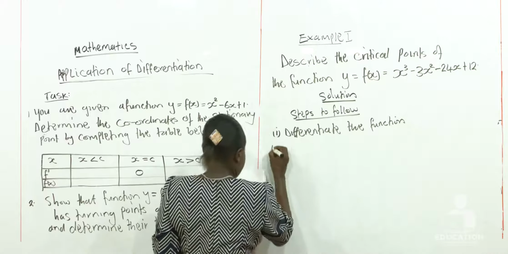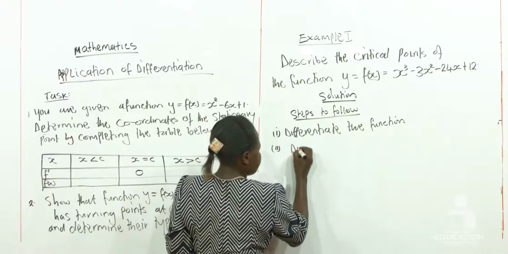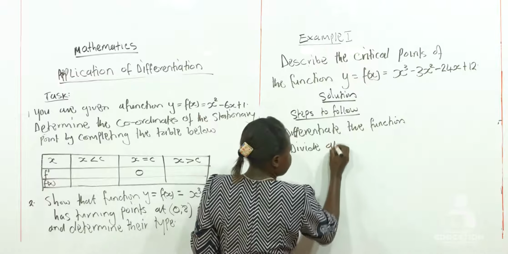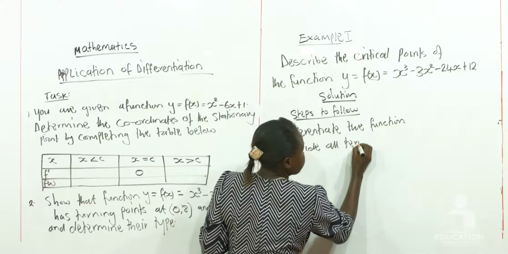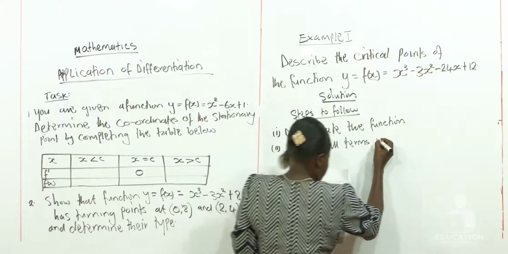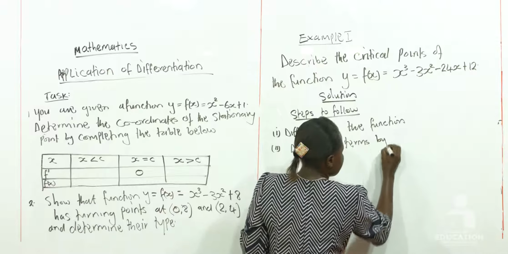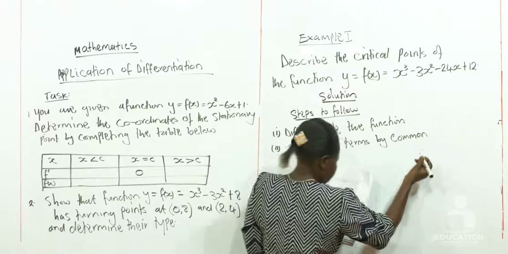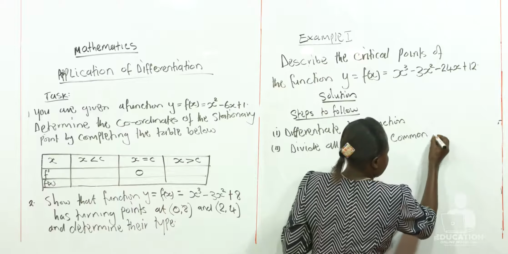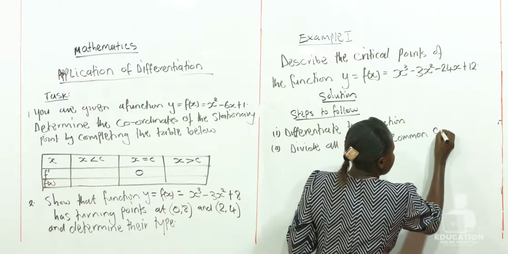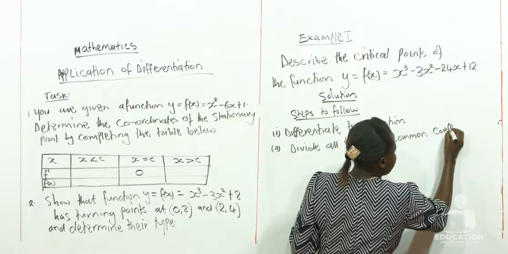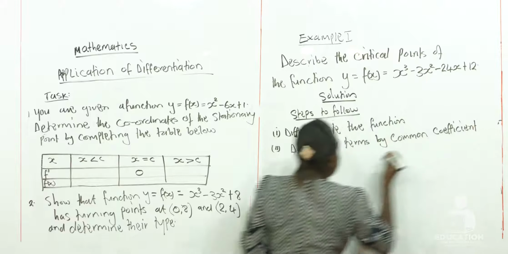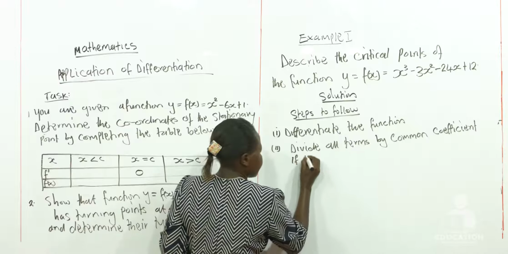Step number 2, divide all terms by the common coefficient if possible.